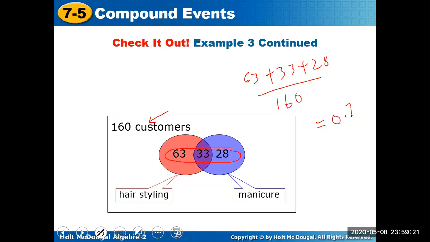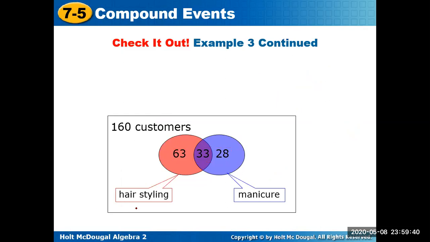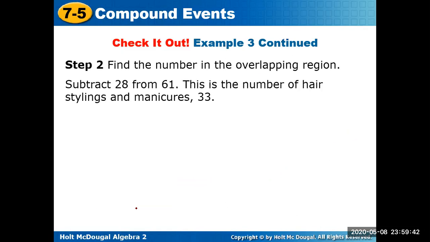But if I want to represent it using the general method that we learned, the formula, which is probability of hairstyling plus probability of manicure minus probability of hairstyling and manicure. Okay, so probability of hairstyling was total how many?